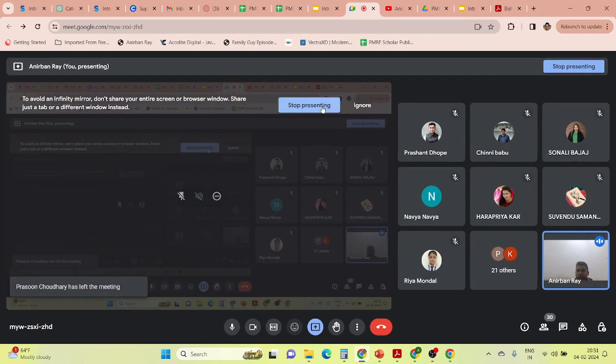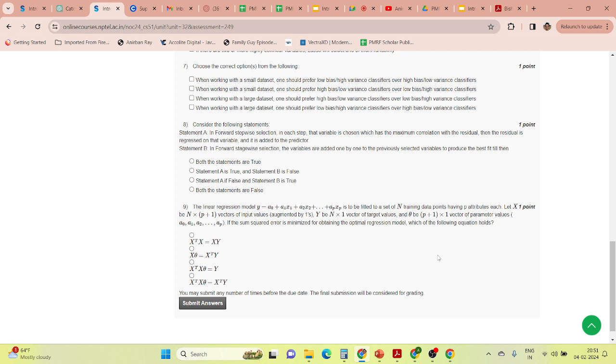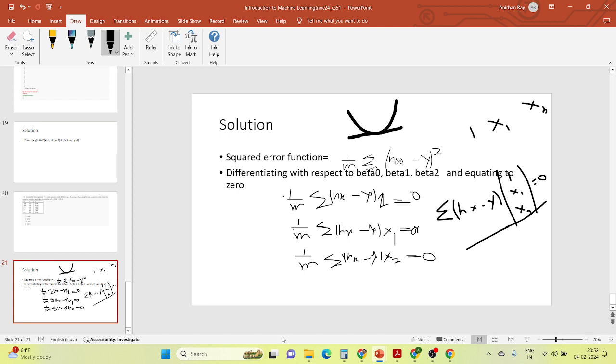So this is the sixth question as well. Ninth question, okay. As you can see, W is theta here. So X transpose X theta equals X transpose y. This is the answer. Got it?